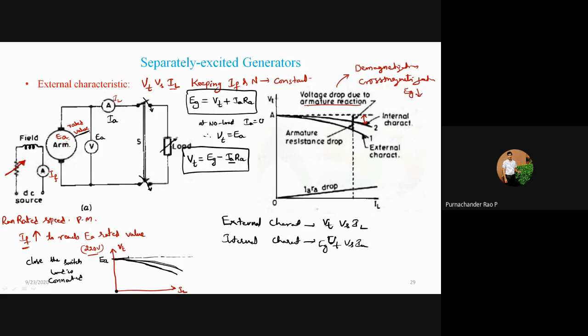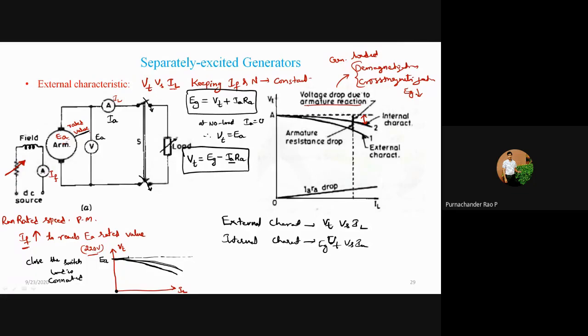When the generator is under no load condition, there is no armature reaction effect, because the armature current is very small under no load conditions, and therefore there is no effect of the armature reaction on the main flux and also on the generated voltage.